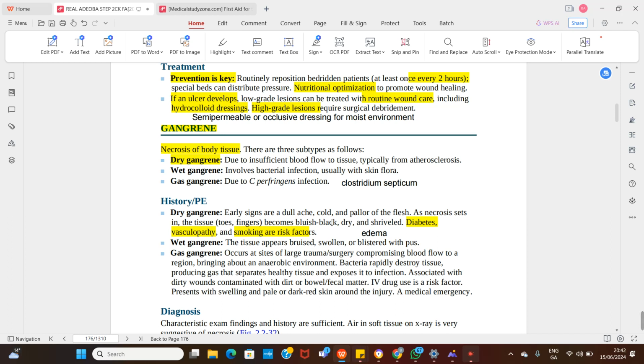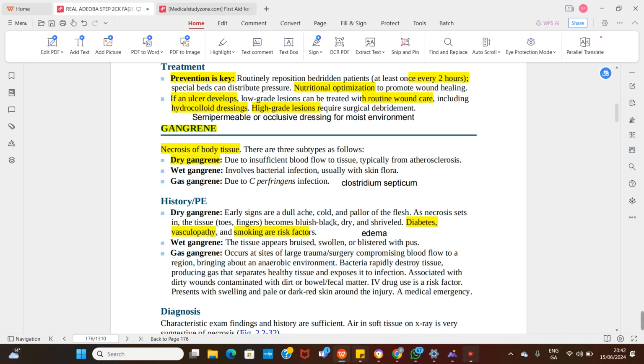And what are we talking about for wet gangrene? What are we looking at for? Edema. So that area is going to appear swollen. There's going to be formation of blisters with purulent exudate because there's already bacteria in that picture. Bacteria is going to provoke inflammatory response, cardinal signs of inflammation, edema, right?